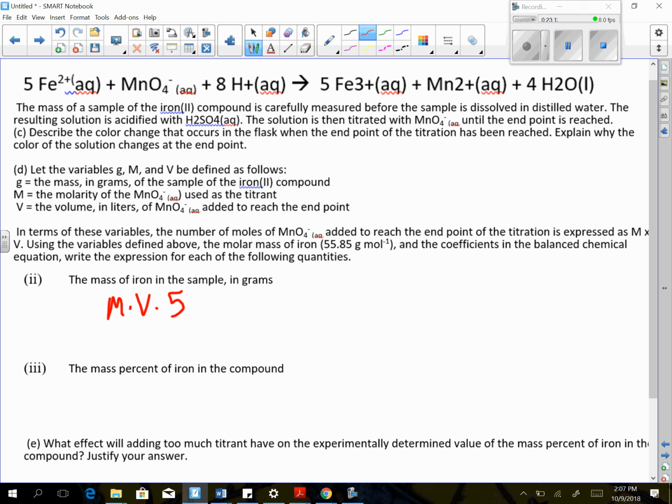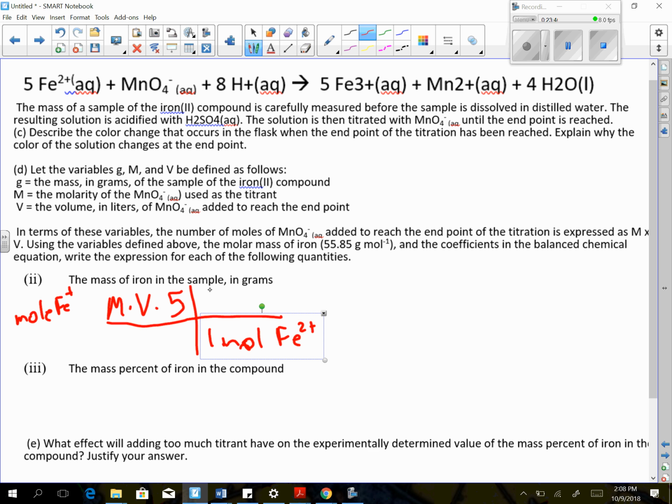So if this is moles, make the chart and put, and put what? 1 mole. 1 mole of iron.